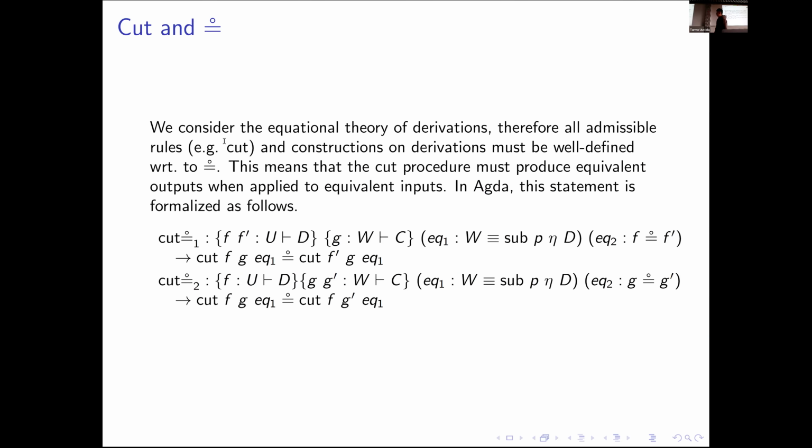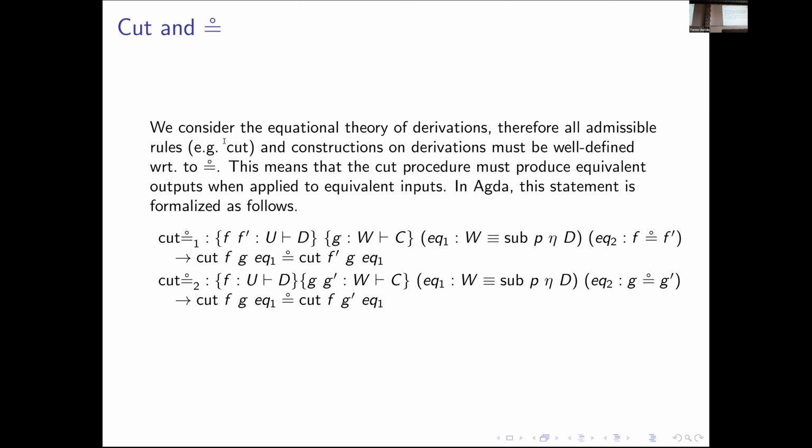Because we consider the equational theory of derivations, all admissible rules and constructions on derivations must be well defined with respect to the equivalence relation. This means that the cut procedure must produce equivalent outputs when applied to equivalent inputs. This statement is formalized as 2 functions.